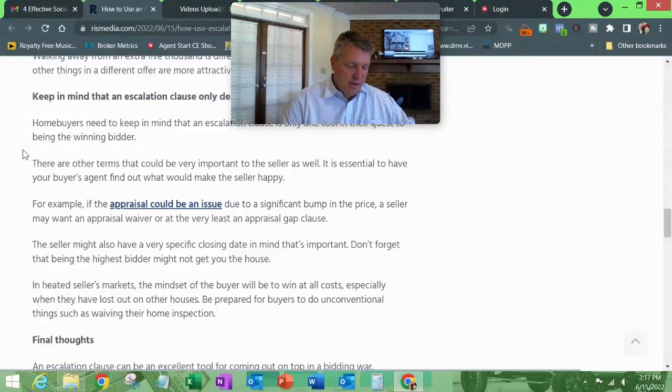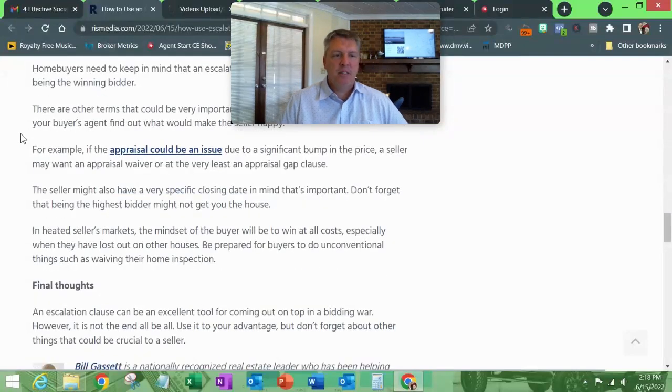Are there any other items that might sway the buyer's decision or play into the seller's decision to choose one offer over another? For example, if the appraisal could be an issue due to a significant bump in the price, a seller may want an appraisal waiver or, at the very least, an appraisal gap clause.